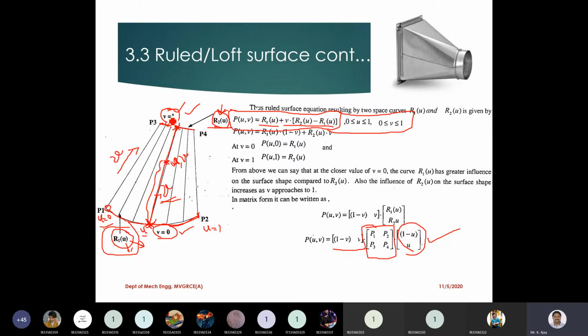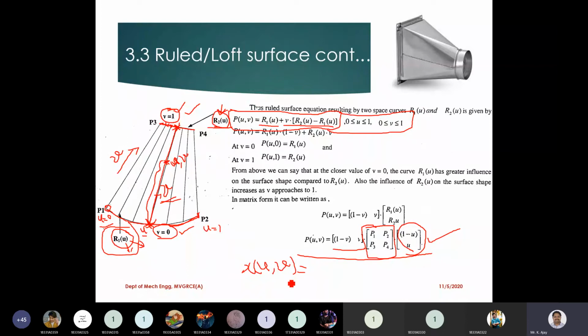So let us say if 4 points are given to you and you are asked to find the matrix form, you can write this equation first of all, and subsequently any parametric equation you can rewrite into scalar form, which is nothing but separate equations for x, y, z.